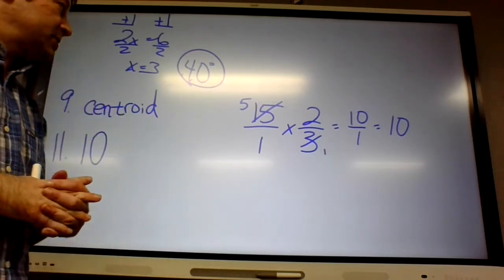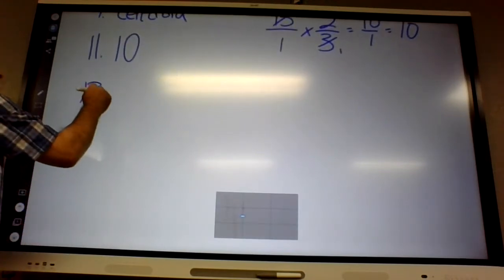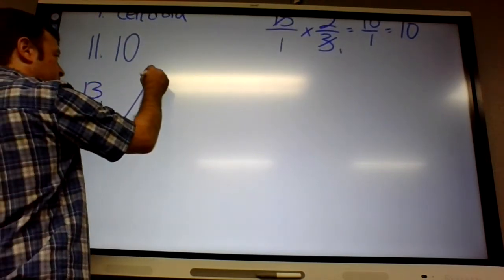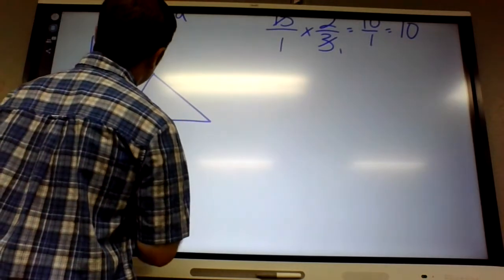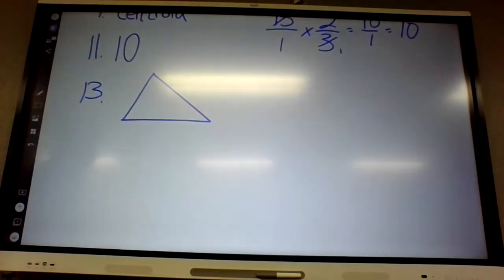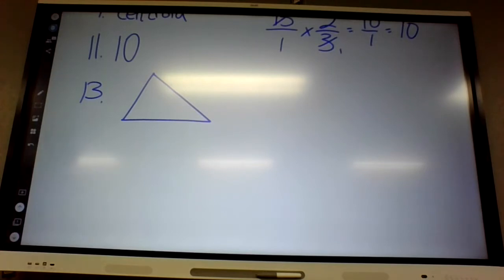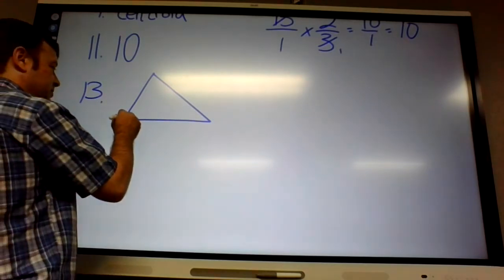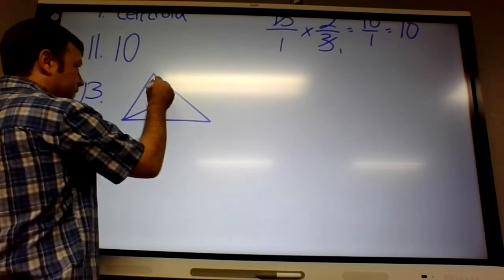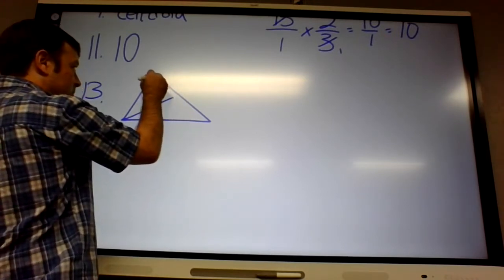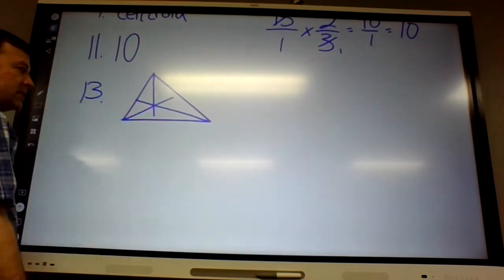Okay, 13, it's drawing time. The first one's supposed to be an acute triangle, and we're supposed to be drawing angle bisectors. So try to be careful, just split that angle directly in half. If you do it right, they should meet up.